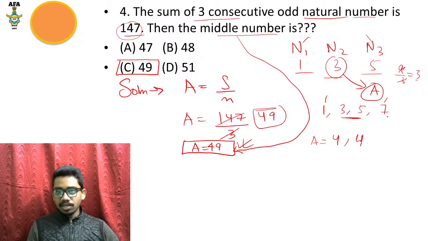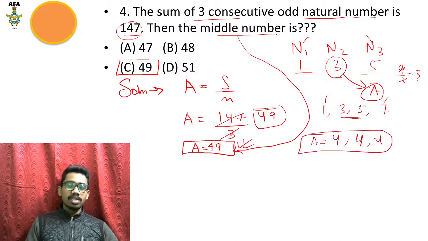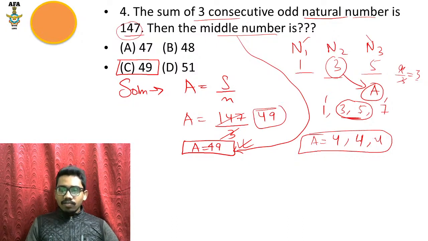Or you can add all the numbers: 7 plus 3 is 10, 10 plus 6 is 16, and 16 by 4 you will get 4 only. So for even terms, the average is the average of the middle two numbers.